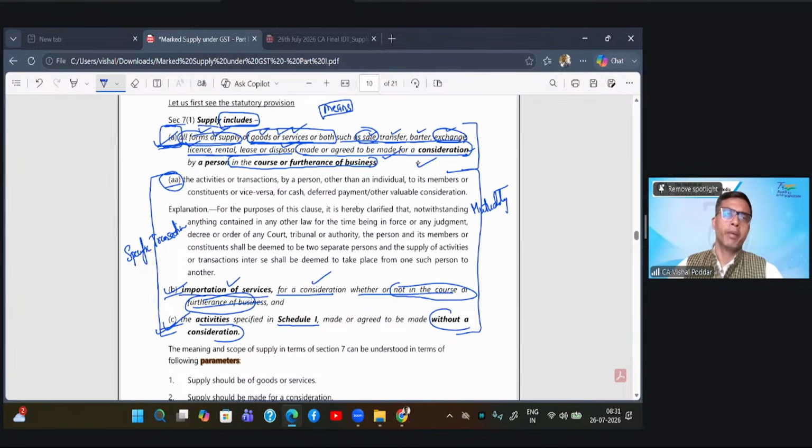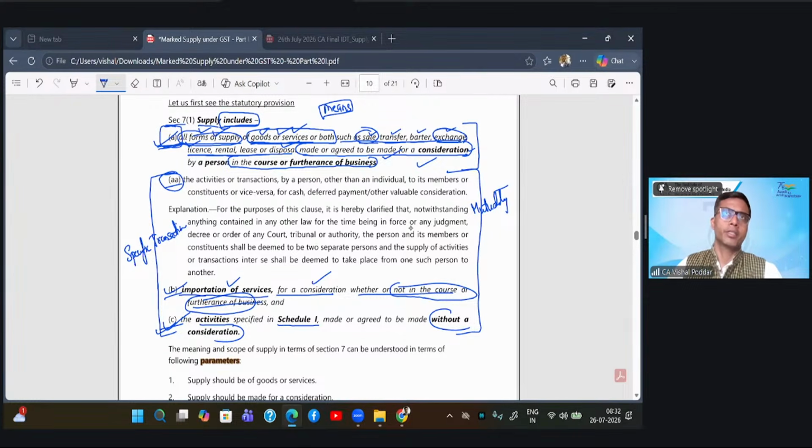Now, the moment you say I am not registered, we all know that under general laws, an unregistered body and its members are one and the same. The dispute which went to the Honorable Supreme Court in the case of Kolkata Club said that wherever an unincorporated association is giving any goods or service to its members, since the unincorporated association and the members are one and the same, you cannot give service to yourself.